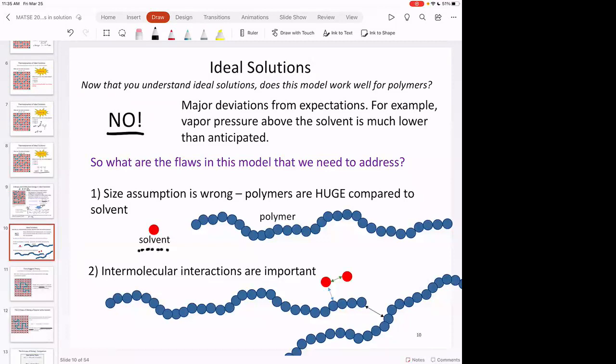Solvents like benzene, acetone, water, all those things that you learned in organic chemistry, those are small molecules. And polymers are big. One of the assumptions that we'll make is that a solvent molecule is about as big as one monomer unit.